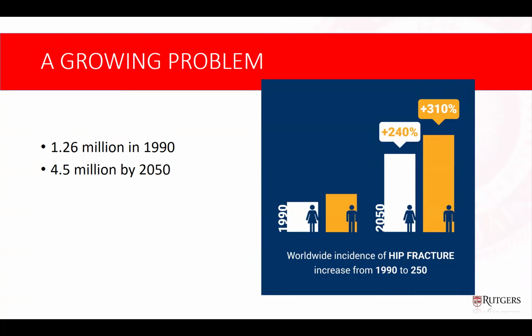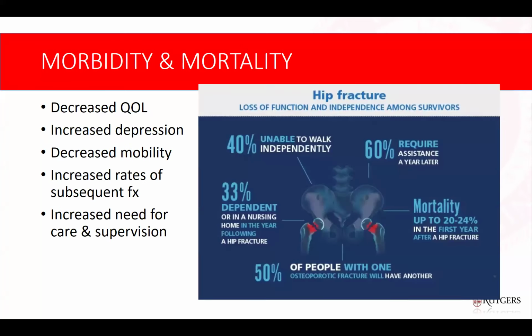It's estimated that there were 1.26 million hip fractures in 1990, and by 2050, that will increase by about three times, to about 4.5 million. It carries significant morbidity and mortality, decreased quality of life, increased rates of depression, decreased mobility, increased rates of subsequent fracture, and need for care and supervision.